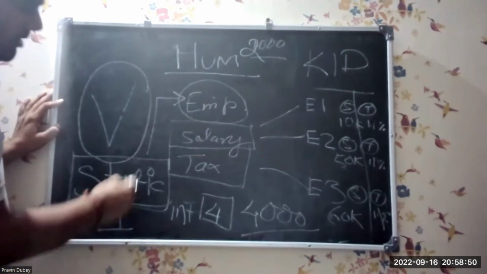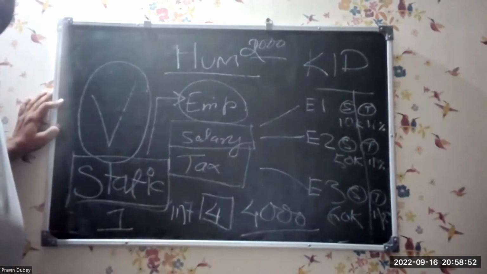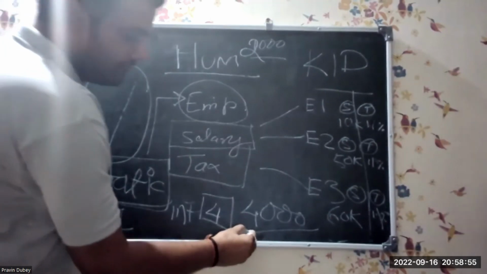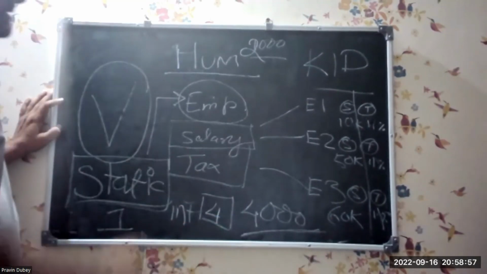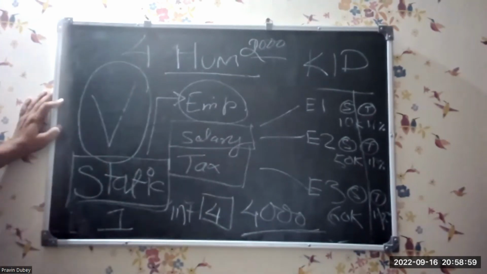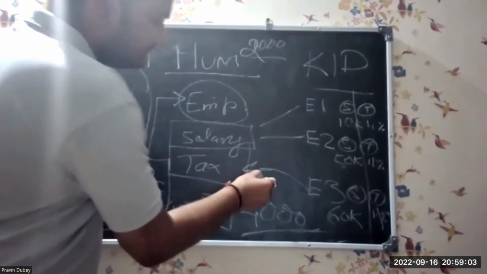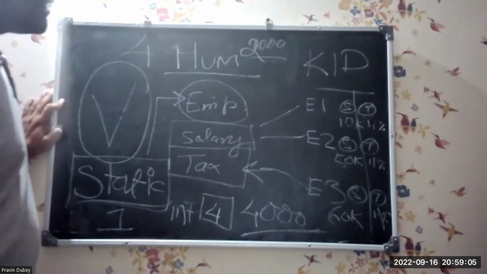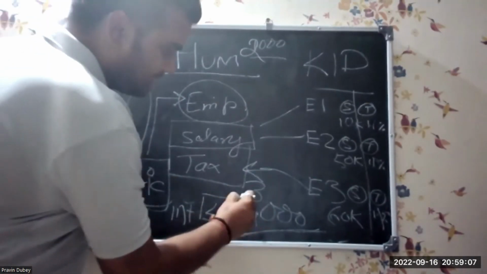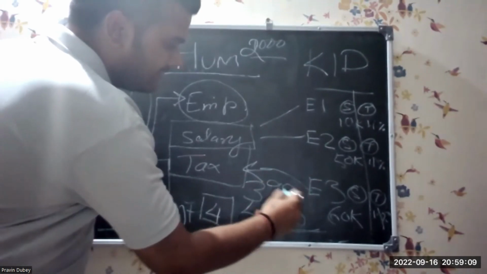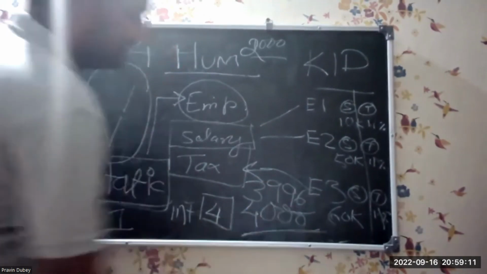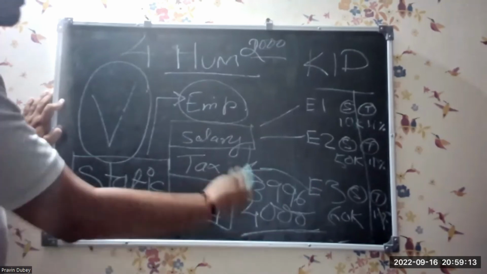It will have only one copy of tax. So instead of wasting 4,000 bytes, I'll be having only 4 bytes to store my tax. How many bytes did I save? 3,996, if I'm correct. A lot of memory.